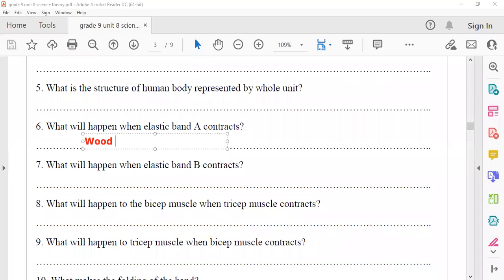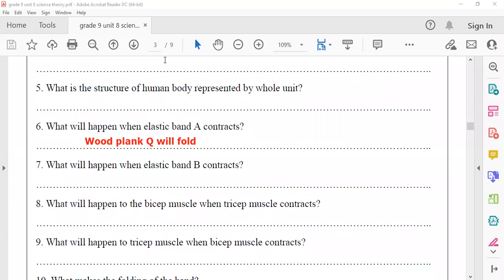Understood? Yes, sir. Okay. When elastic band A contracts, wood plank Q will fold. What will happen? Wood plank Q will fold.